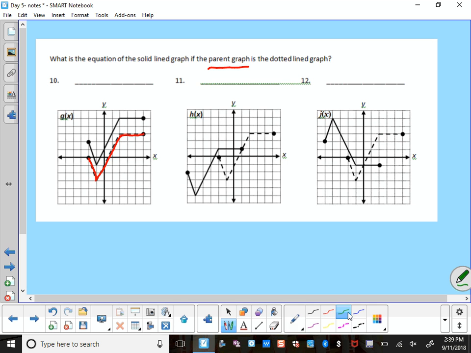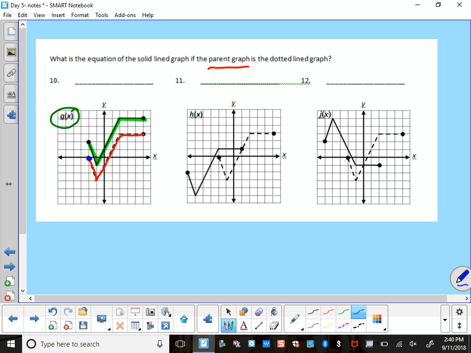I want to know, how am I going from the red graph to the highlighted graph in green? Well, first of all, let's look at our function. In the top corner, what is it called? G of x, okay? So let's look at my first point. That was pretty easy.